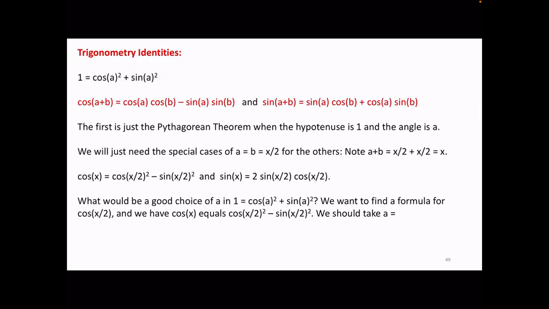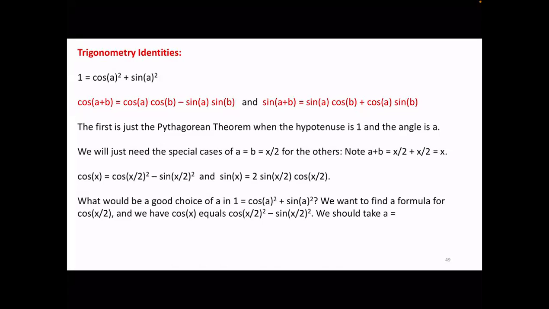So it should be related to x somehow. What would be a good choice for A? We're trying to find a formula for cosine of x halves. What might you want to try for A? So somebody give me a thought.